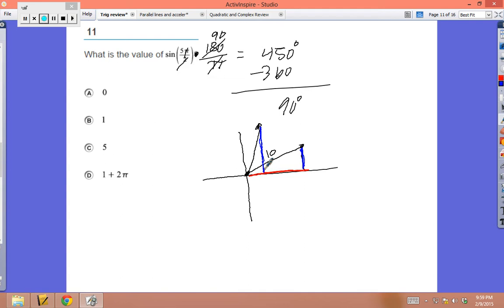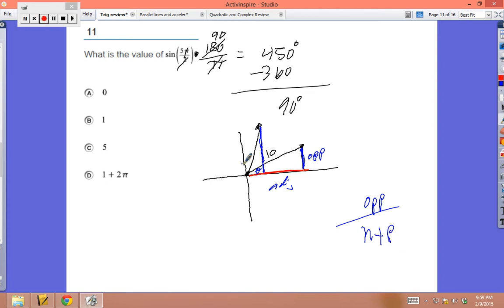But, okay, now this height, here's theta right here, this is always the opposite piece. And your base is the adjacent piece. And then the hypotenuse, that's your hypotenuse. So they want sine. They want opposite over hypotenuse.